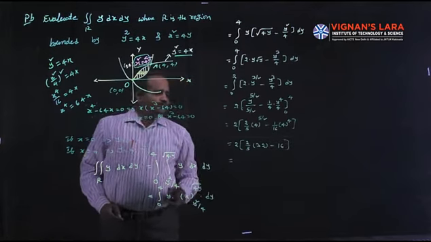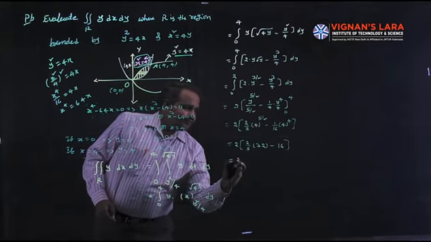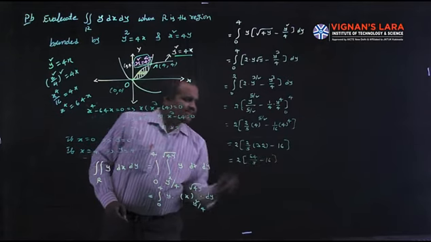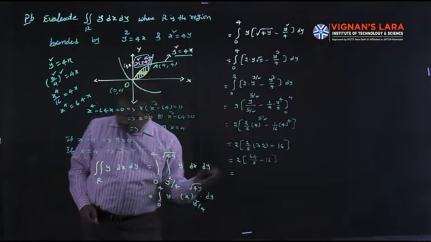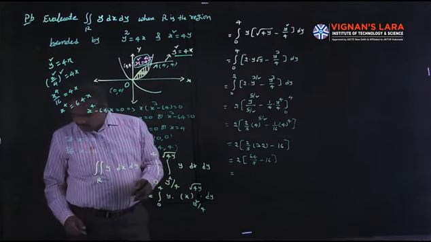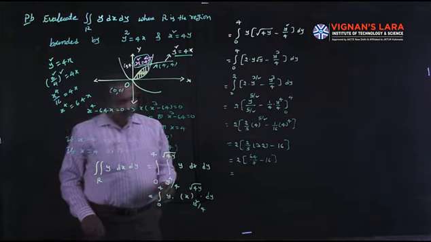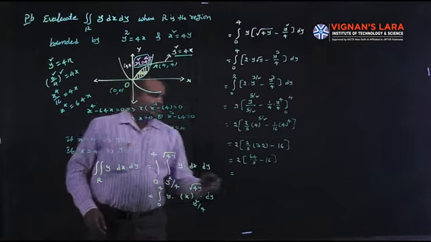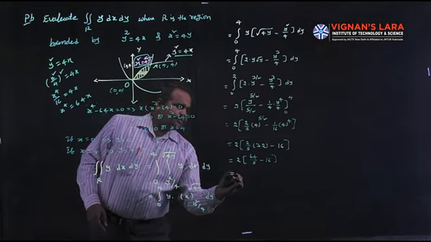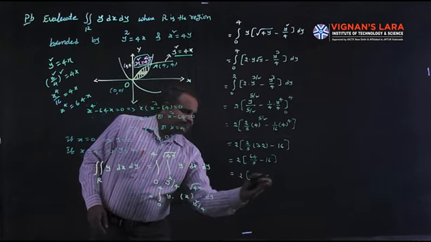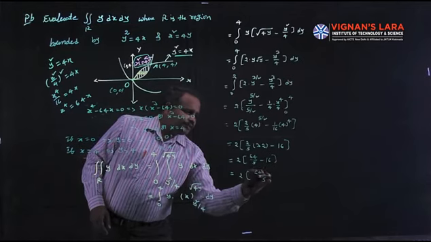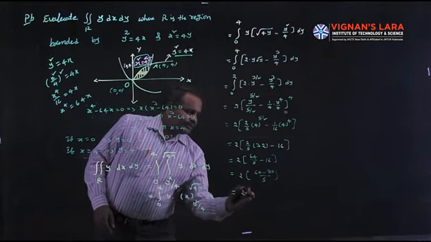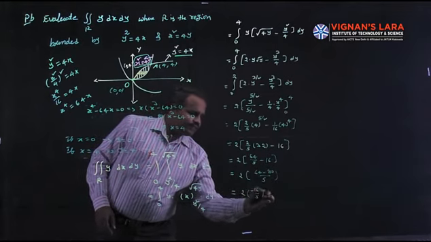This is equal to 2 into 32, 2s are 64 by 5, minus 16, which is equal to 64 by 5, 2 into LCM 5, 64 minus 80, which is equal to 2 into minus 16 by 5.